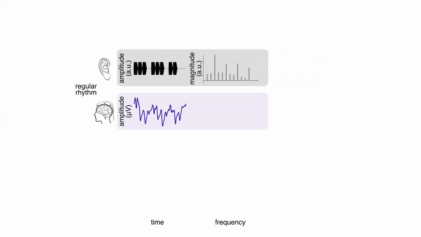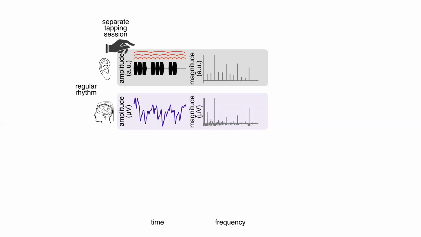And we can see peaks at the same frequencies as in the stimulus spectra just above that represent the activity elicited by the rhythm. Now, here in red is the meter that was most consistently perceived by participants when they were asked to tap along the rhythm in a separate session.